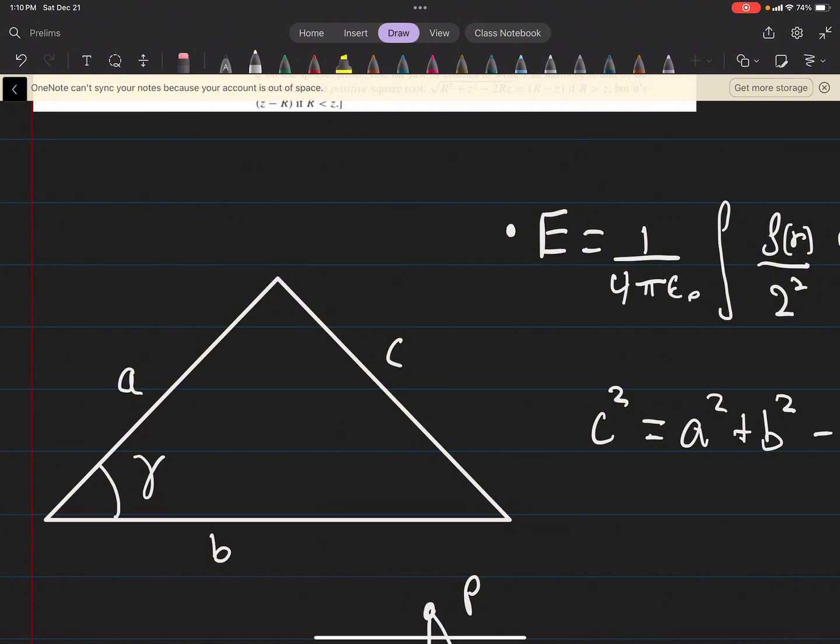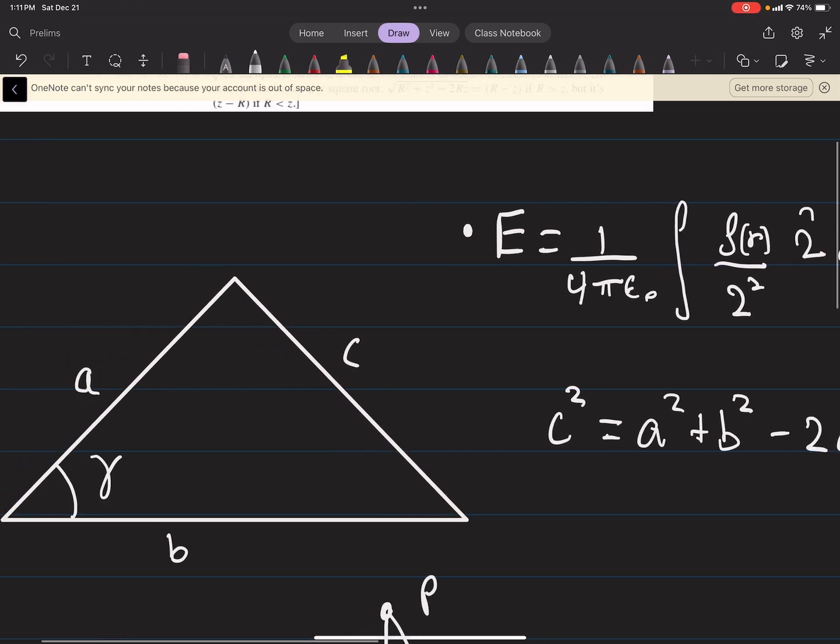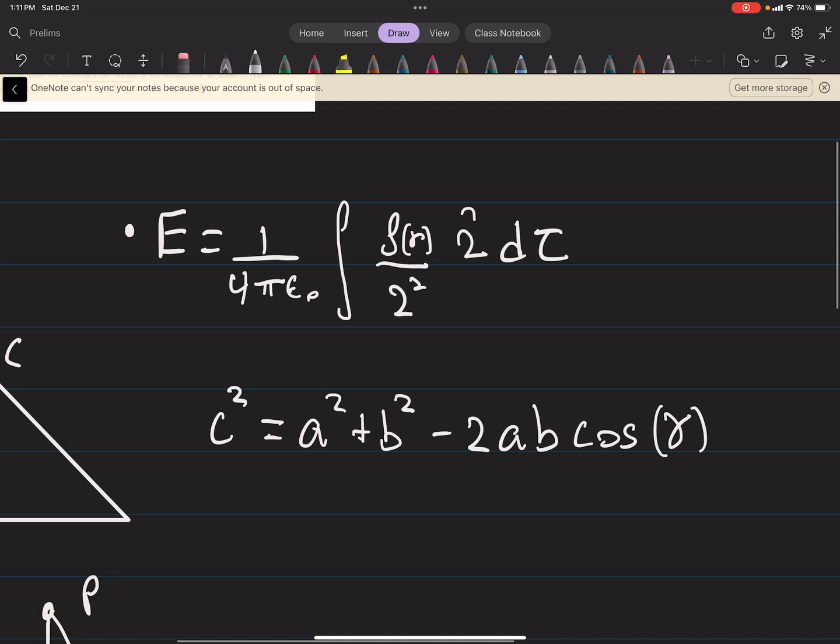Also very useful in a lot of EM problems, and in this one, as noted by the hint, is the law of cosines, which, if you have a triangle with legs a, b, c and an angle gamma opposite of c, you can express c squared as the sum of the other two legs squared minus 2 times the length of the two legs times cosine of that angle.